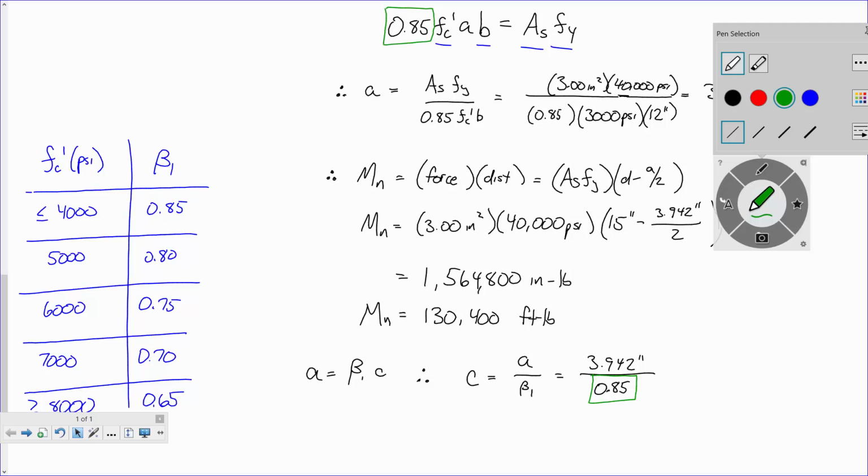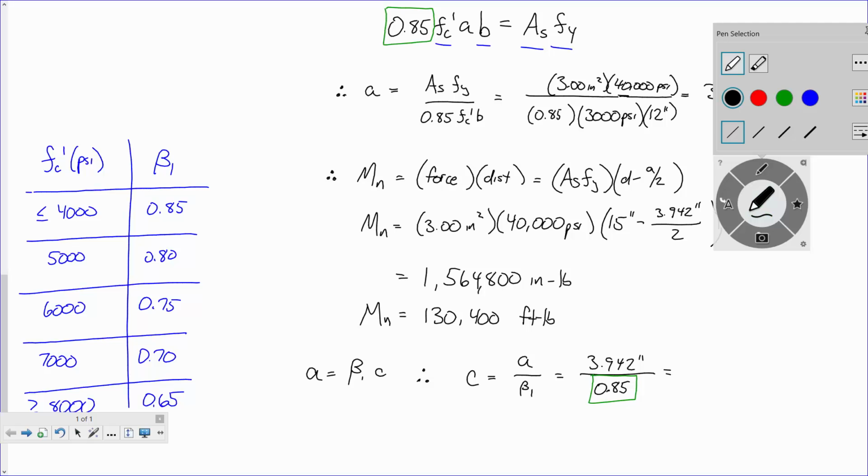Pure coincidence. They are independent numbers. The 0.85 f c prime way up top and the beta 1 down below just happened to come out equal for this problem. They are independent numbers.